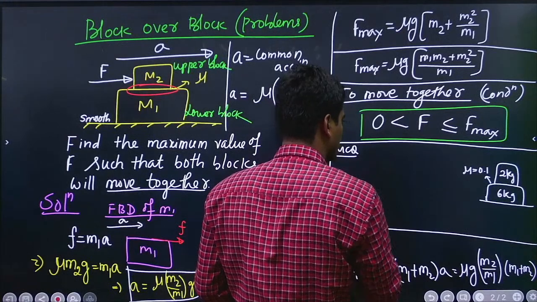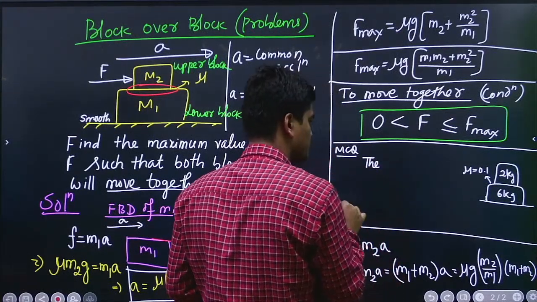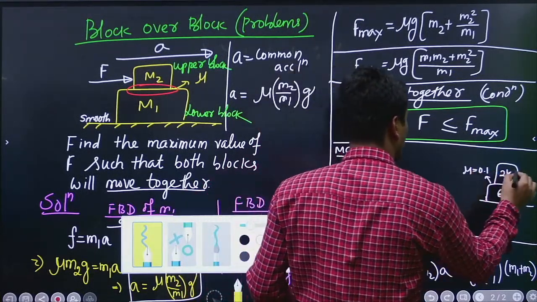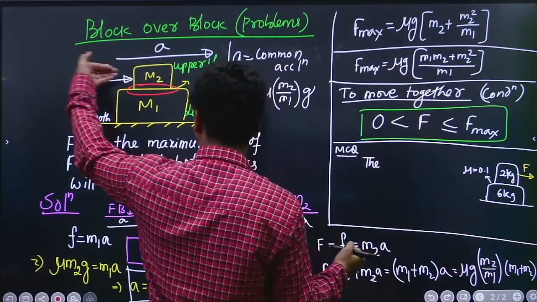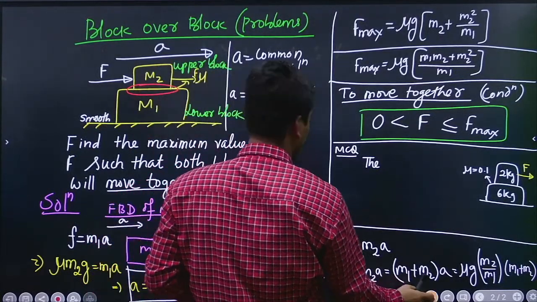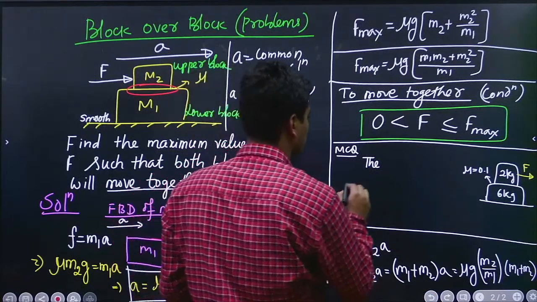Now find. Force F is acting here. See, this F can act like this, or from here also you can write F acting like this. So you can do that also. So F is acting on the 2 kg block.